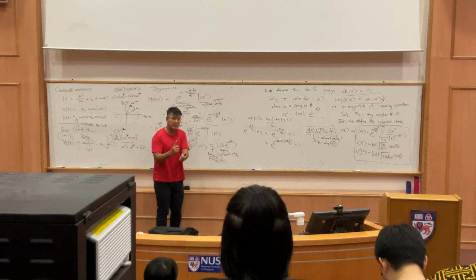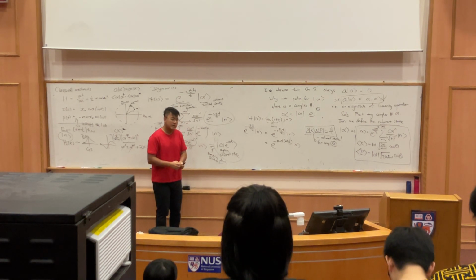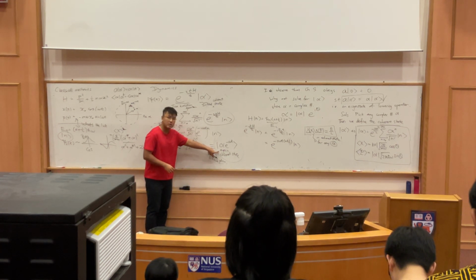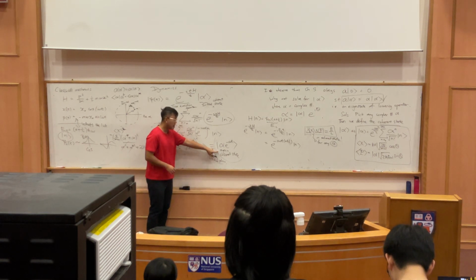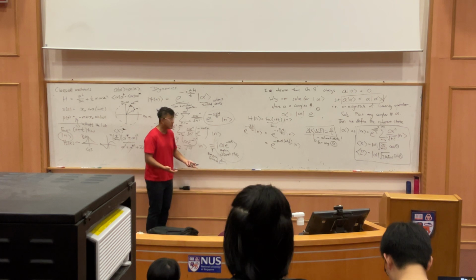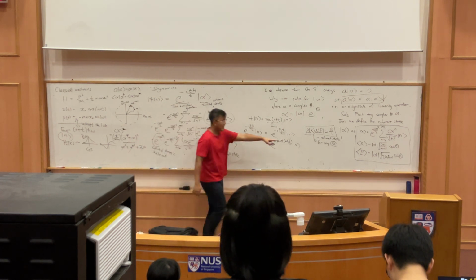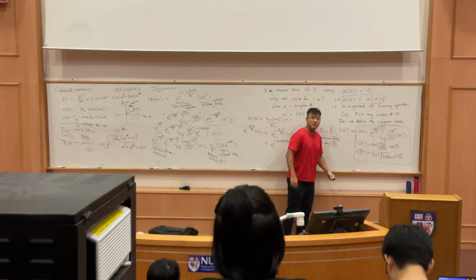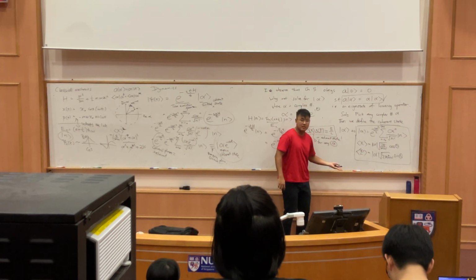Okay, that's one fact. The second fact is, if I ask you, over time, what's the mean position of this state? Then you would say, oh yeah, I have to do this, a plus a dagger. No, you don't have to, because I already calculated x and p for you within alpha, and this is true for any coherent state.